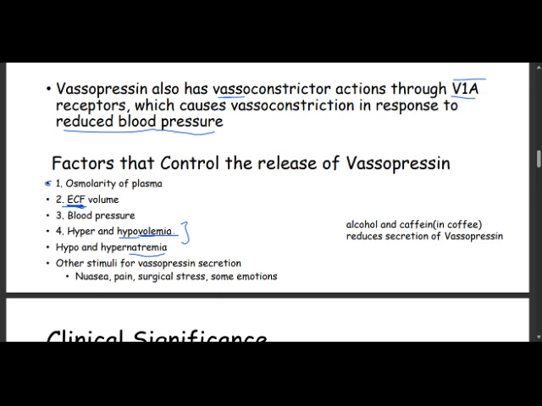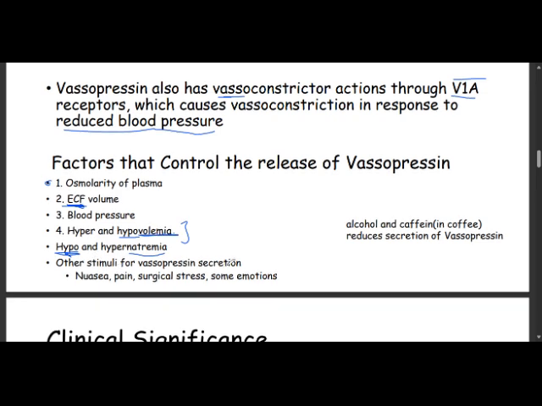High tonicity calls for more water to be added to this particular compartment. So this will cause the release of vasopressin, while hyponatremia will cause the inhibition of vasopressin so that water can be lost, so that now we return the solute concentration to normal, or you prevent further dilution of this particular fluid compartment.